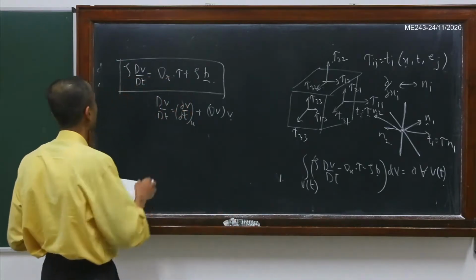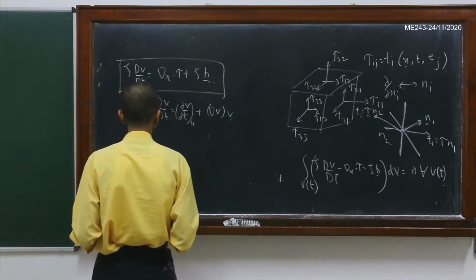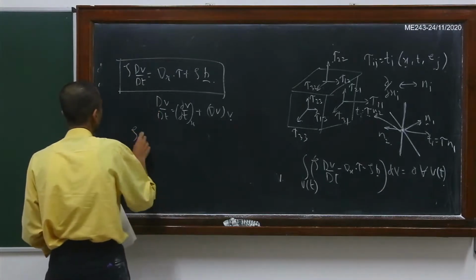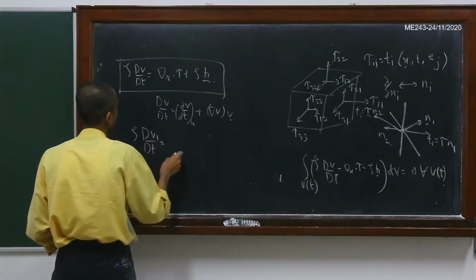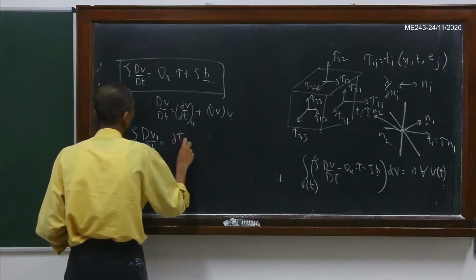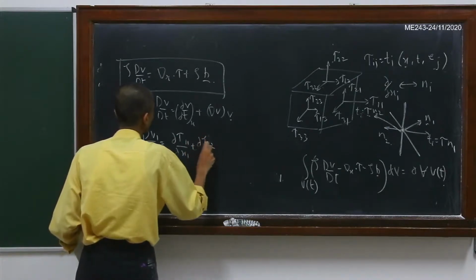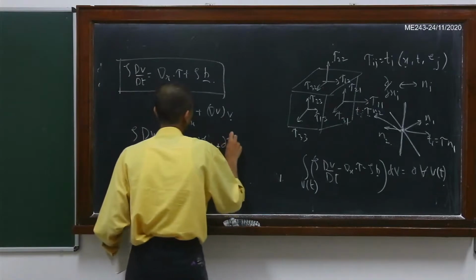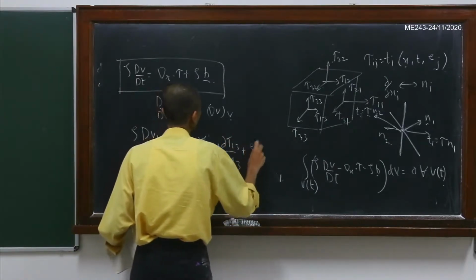Okay, let me just write this out in Cartesian coordinates so that you get some idea. This is rho times dv1/dt equal to del tau11 by del x1 plus del tau12 by del x2 plus del tau13 by del x3 plus rho times b1.